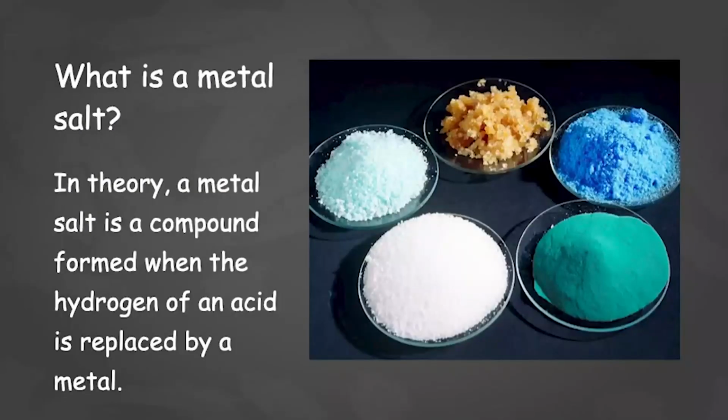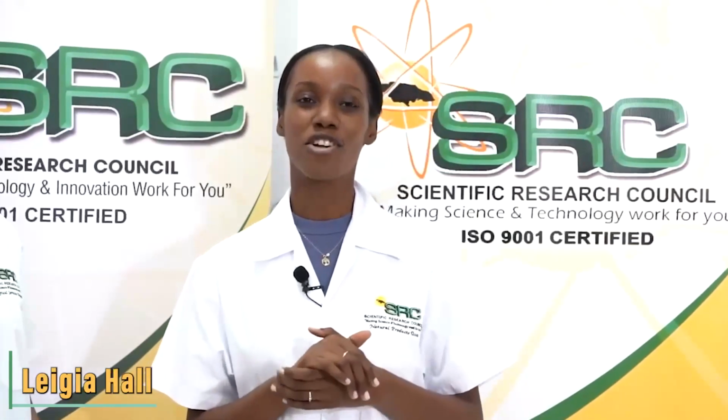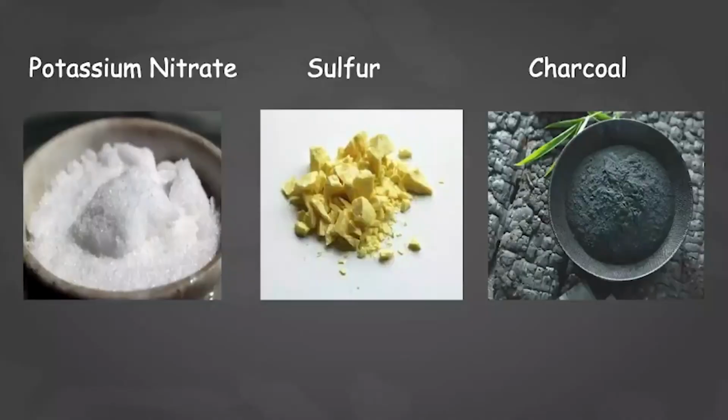Metal salts are produced essentially by exchanging the hydrogen in acids with metals. That's in theory. But in practice, what we do is incorporate metal oxides into acids. So in the production of fireworks, there is also the use of potassium nitrate, sulfur, and charcoal in helping the fireworks to burn.